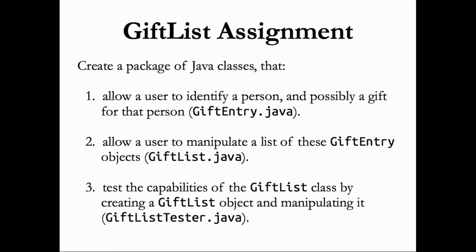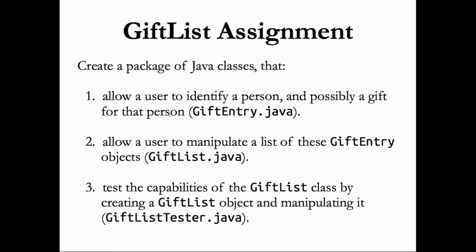So the general idea here in this gift list assignment is you're going to create 3 classes that are going to allow us to keep track of gifts. It's the holiday season, and we're going to go out and buy gifts for people, or we're going to make gifts for people. So the 3 classes you're going to work on here are the GiftEntry class.